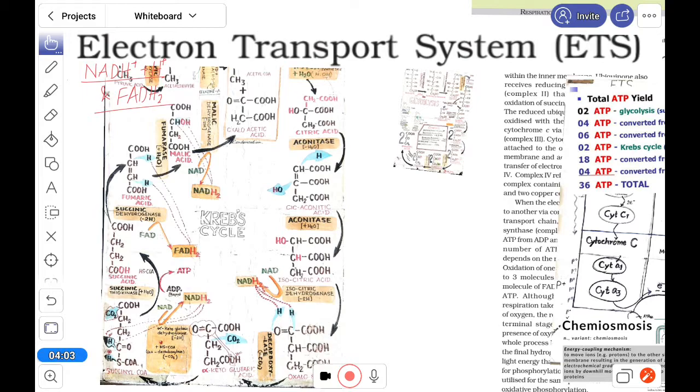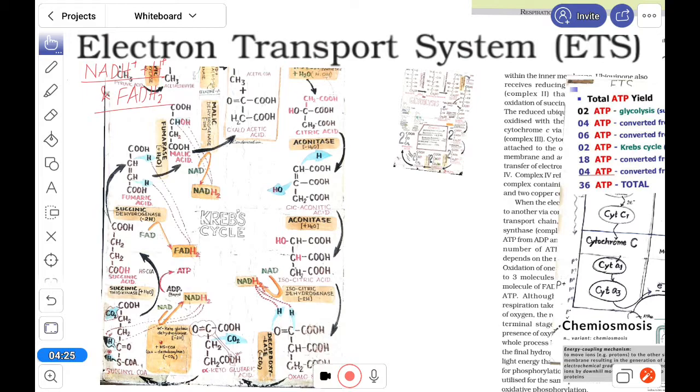So inside the Krebs cycle the total comes to 1, 2, 3, and in this, if you take, that is 4 and the 1.